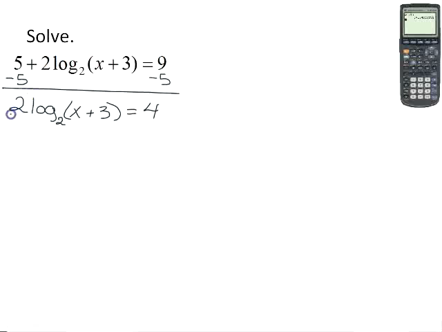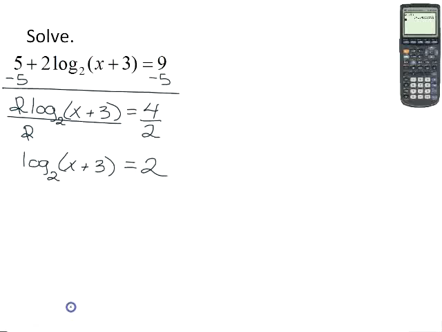Now here, I still don't have my log quite by itself. I've got this 2 here in front, so I'm going to undo this multiplication by dividing by 2. So that gives me the log base 2 of x plus 3 equals 2.